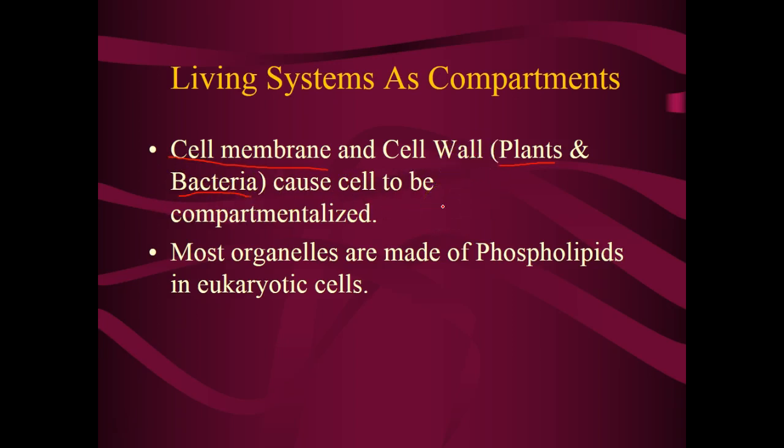But at the end of the day, all 3 of these types of cells have cell walls, and it causes the cells, again, to be compartmentalized, meaning individual cells can either live by themselves or they can produce multicellular organisms. These membranes are composed of phospholipids, but the cell wall is made up of the polysaccharide, the complex carbohydrates that give structure and support and protection to the cell.